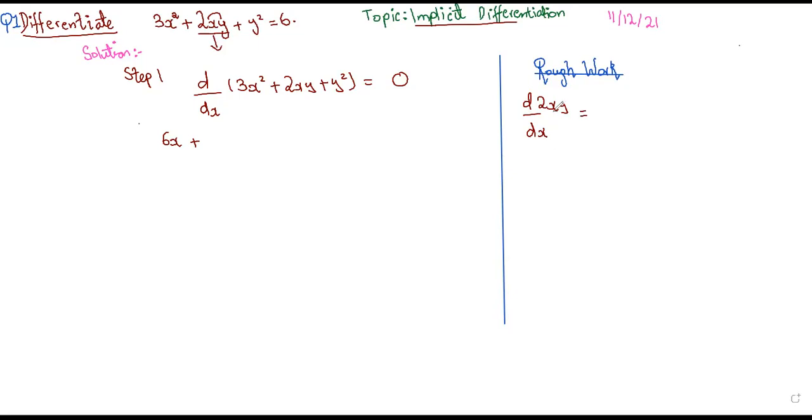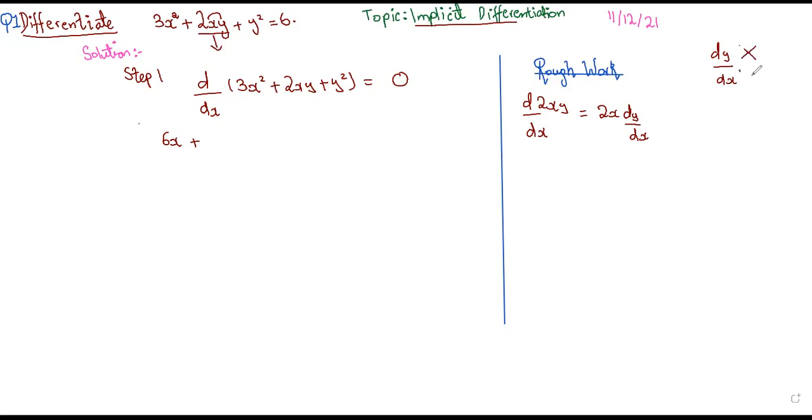Now we will be using the product rule, okay? So let's say we take 2x as the first function. So 2x would come as it is, times the derivative of the second function. So what is the derivative of the second function? Simply dy by dx, right? Obviously, because it's y, we differentiate it with respect to x. And now listen to me. You directly have dy by dx, so you don't have to apply the chain rule, okay?